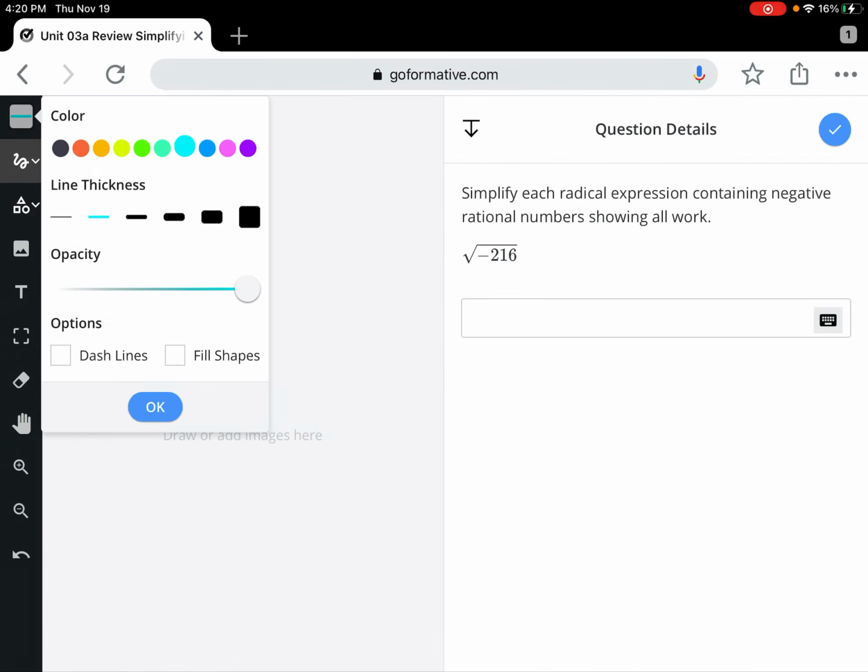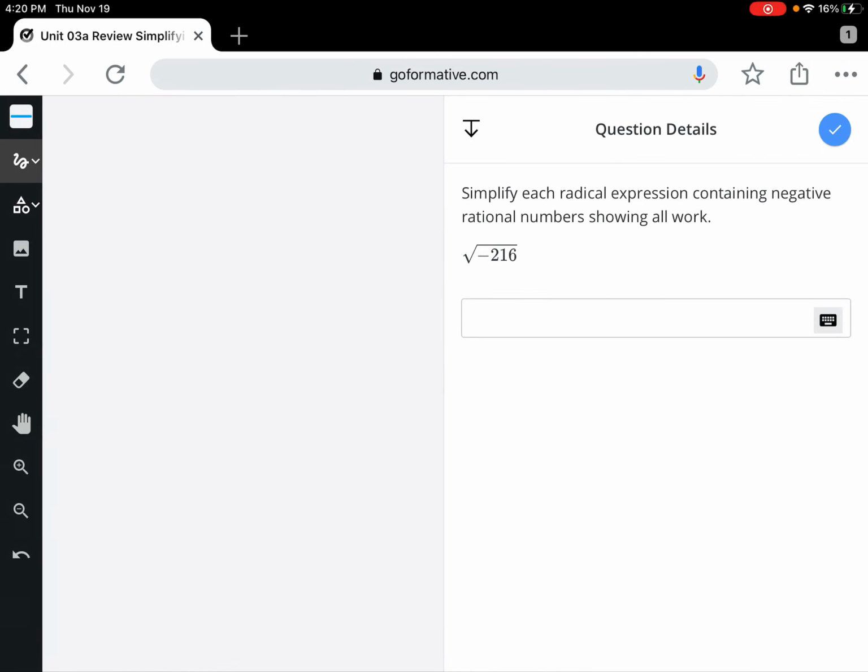Number 2 is radical negative 216. That's the square root of negative 1 times 216. 216 divided by 2 is 108. 108 divided by 2 is 54. 54 divided by 2 is 27. 27 I can't divide by 2.